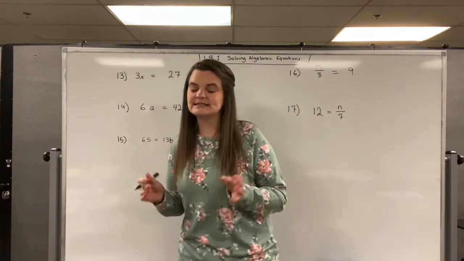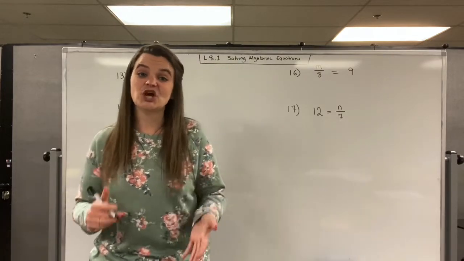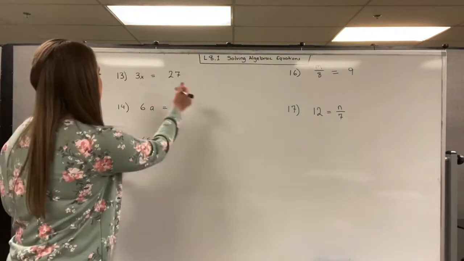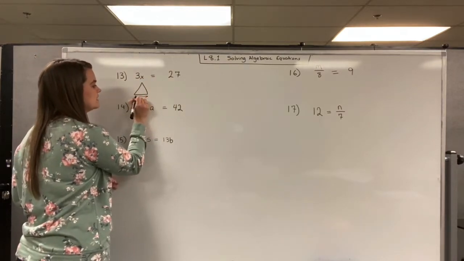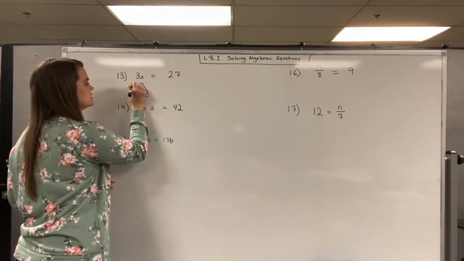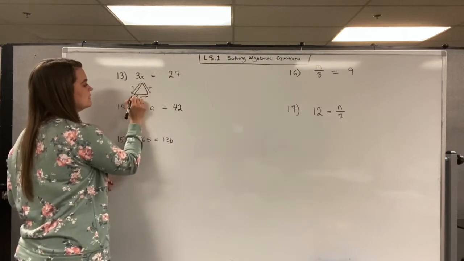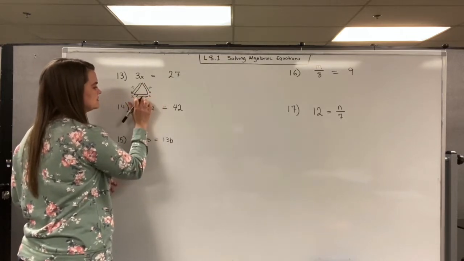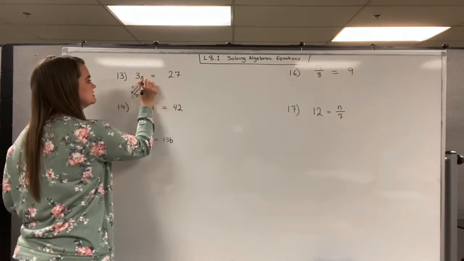Well, let's practice. Let's just be refreshed and put it into a fact family triangle first. So just like with addition and subtraction, the bottom of our triangle is what we would call commutative, and the edges are division. So 3 times x, I should have put a dot here, equals 27.